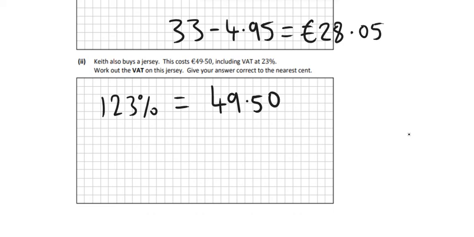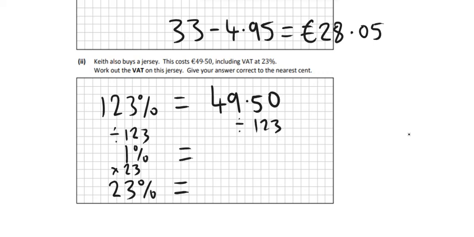So all we've got to do then is find 23%, because 23% is the amount of VAT. You're going to divide by 123 and then times by 23. So that'll find out what 1% is. So you divide both sides by 123. So 49.50 divided by 123.